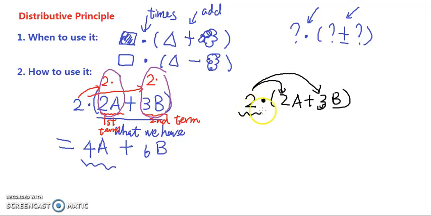So we do 2 times 2a, we got 4a, and 2 times positive 3b, so we got a positive 6b. All right, so this is the distributive principle, and this is how we use it.